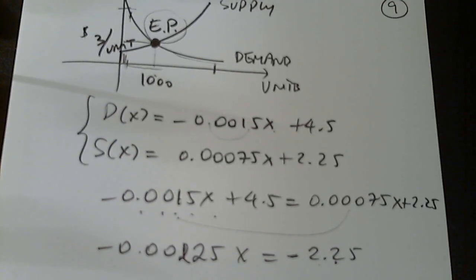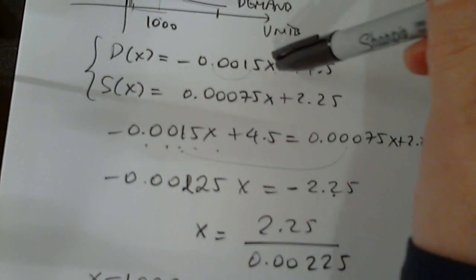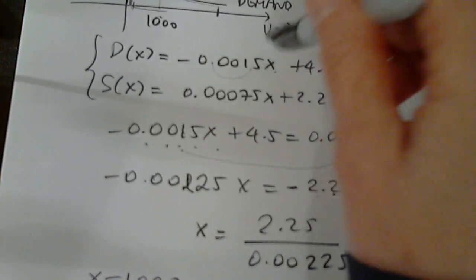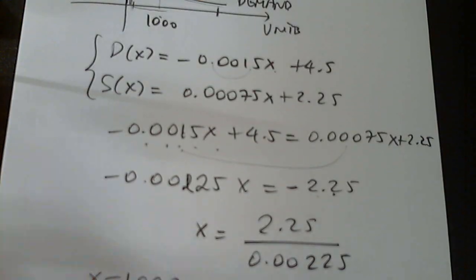Okay, so now in order to check, just to make sure, we will plug in 1,000 here in both, and see if we get 3. If we get 3 in both, then that is correct. If we don't, then I have to go back to the drawing board. So negative 0.0015 multiplied by 1,000, and then plus 4.5.